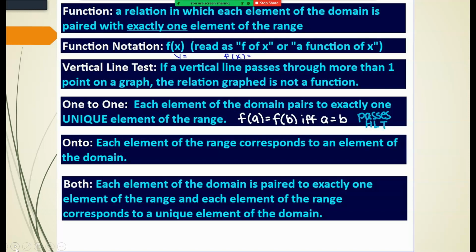We also have one-to-one and onto. One-to-one says that each element of the domain pairs to exactly one unique element of the range. For every x, there is only one y, and for every y, there is only one x.